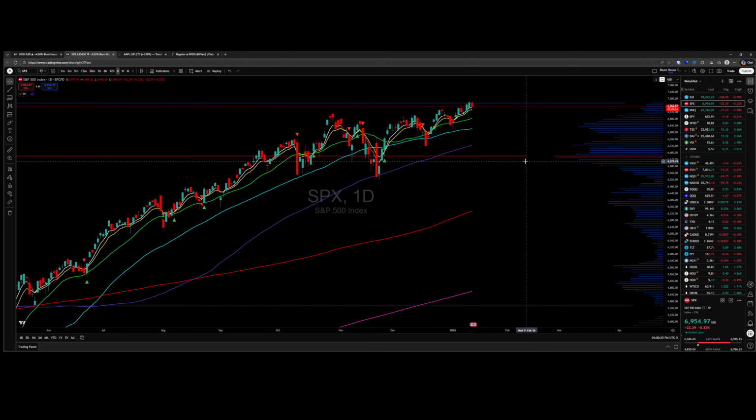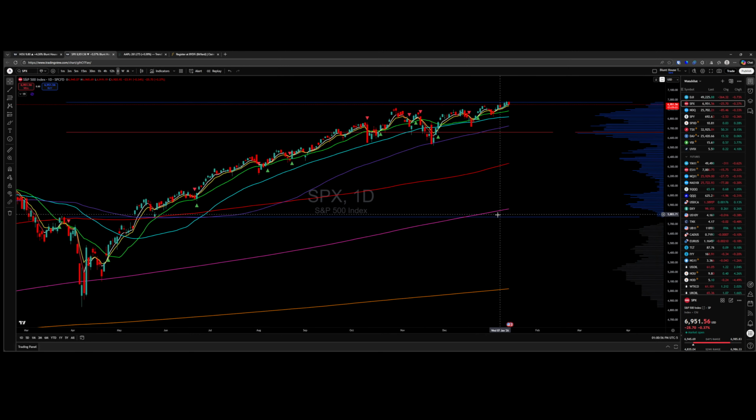There's the point of control even, which is significantly lower than even the 100 MA. So the 200 is the only one that hasn't been tagged in this whole move from down here. So this is going to be interesting to see how this unfolds, and if the support shows up where it shows up, because that'll tell us a lot.